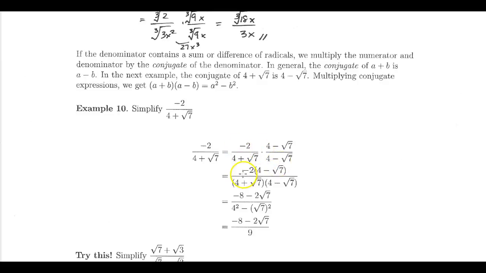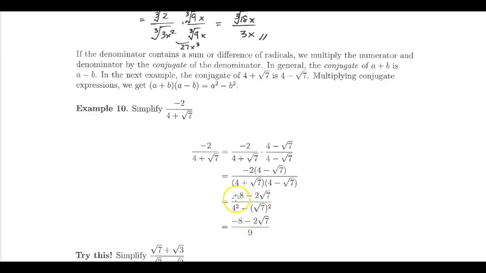So we take negative 2 times 4 minus root 7 in the numerator, and multiplying the 4 plus root 7 times 4 minus root 7, we can square the first term minus the square of the second term. So that's like 4 squared minus root 7 squared, which is 16 minus 7, which is 9.